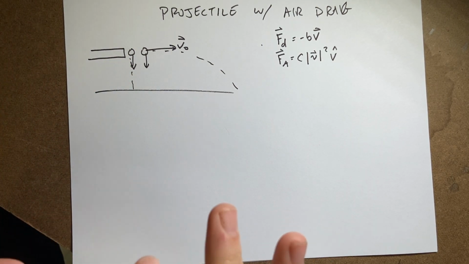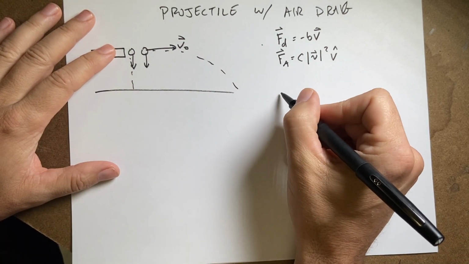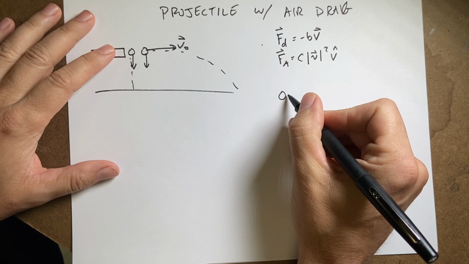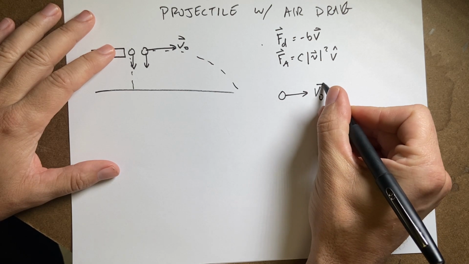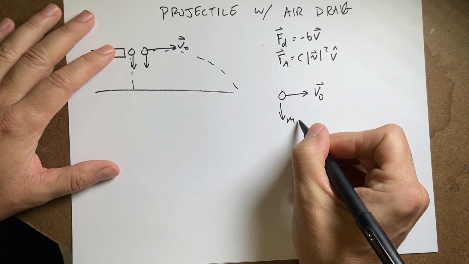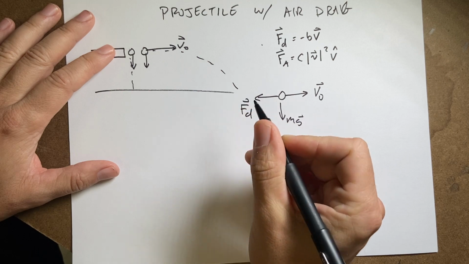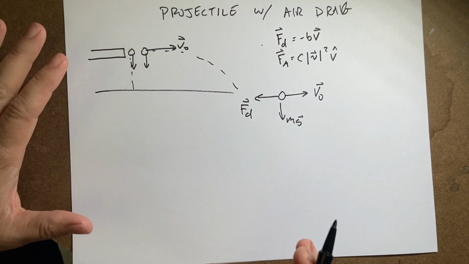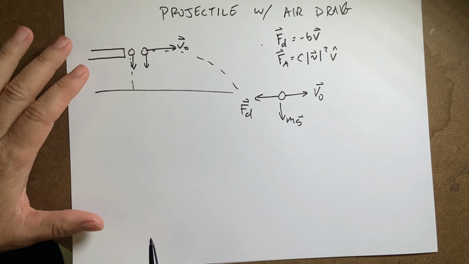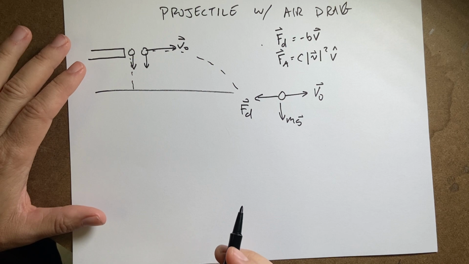What if I have linear drag? So now let's say I shoot this one ball this way. It starts off with some initial velocity v0, and then there's mg, and there'd be F_d. I'm calling this the drag force, negative bv. I've already shown in my previous video that you can break this into x and y motions, and they do not impact each other.